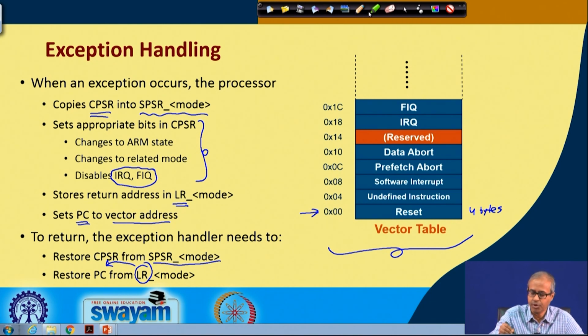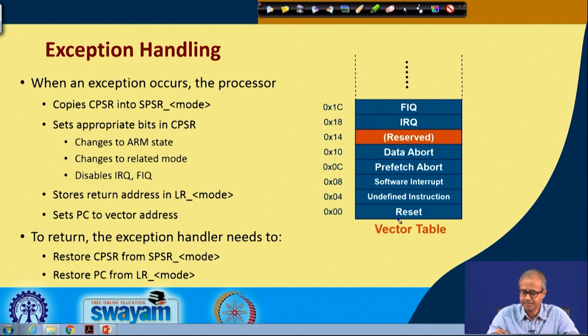Now, the point to note is that the entries here are not addresses of the interrupt handler, rather these are instructions. Typically, these are jump or call kind of instructions. So, when you come to reset, there will be a jump from here to the routine which is handling reset.